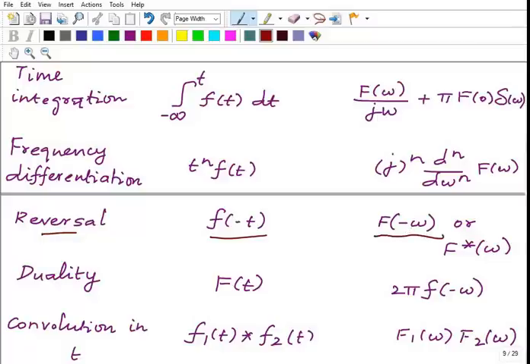These two things are important to solve this problem. This is basically a property of Fourier transform. Have you taken this?